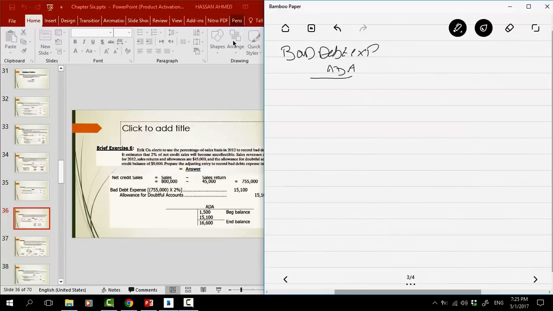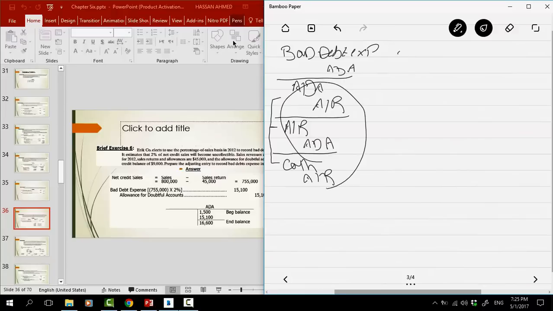If we have an amount of the accounts receivable to be written off, then we will write ADA and accounts receivable. If the amounts of the accounts receivable previously written off were recovered, then we will write accounts receivable and ADA. Then we will write cash and accounts receivable.